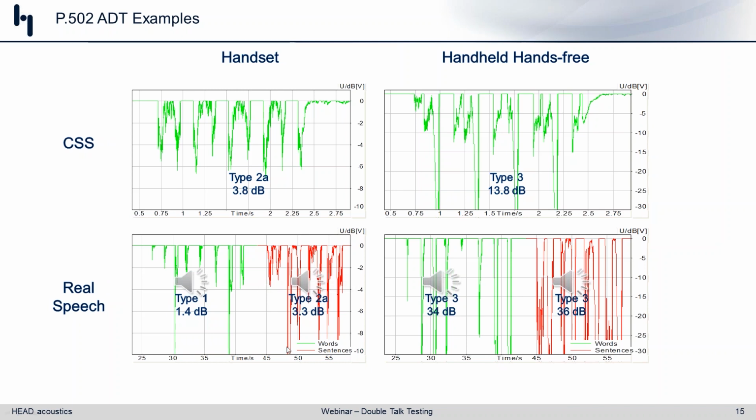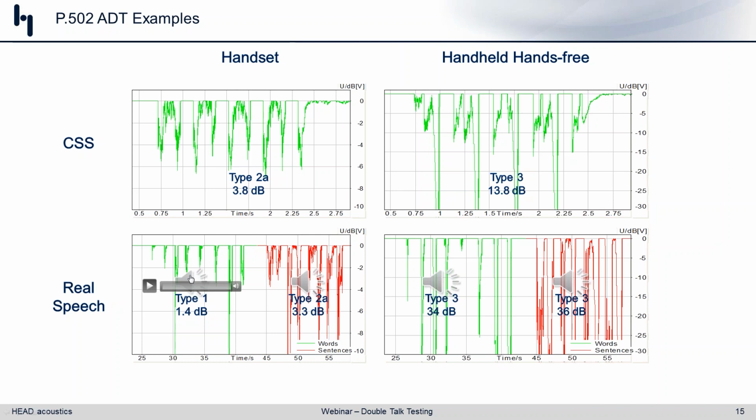Using real speech for the barge-in, the single word interruption, we end up with a type 1. There's only 1.4 dB of average or median attenuation. And for the full sentence, we had a 3.3 dB median attenuation, which is a type 2A. So overall, the methods do agree, although the numbers do differ.